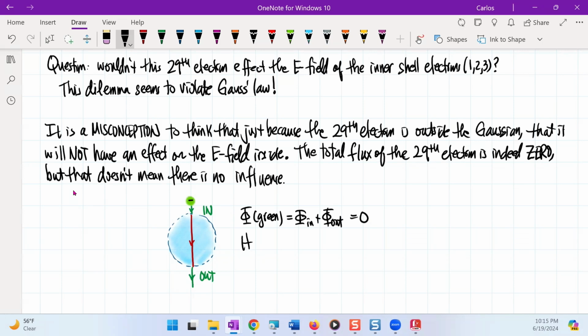However, there is still that red field line inside the Gaussian.